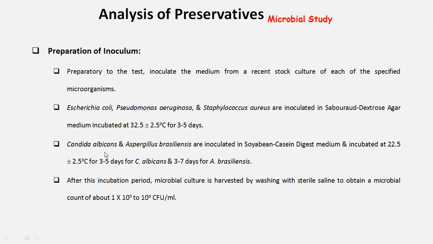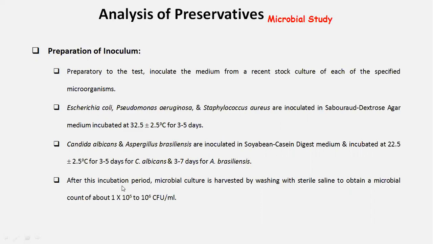Coming to the fungal species, Candida albicans and Aspergillus brasiliensis are introduced in soybean casein digest medium and incubated at 22.5 plus or minus 2.5 degrees centigrade for 3 to 5 days for Candida albicans and 3 to 7 days for Aspergillus brasiliensis. So for these two strains, different days of incubation need to be performed.